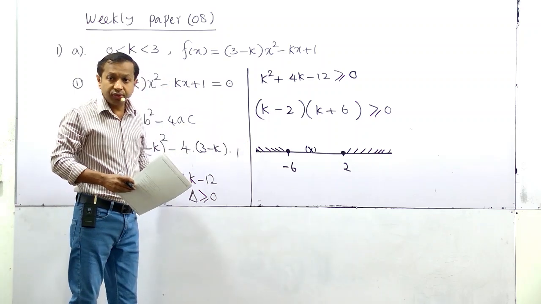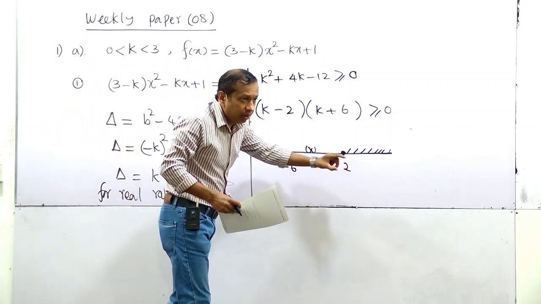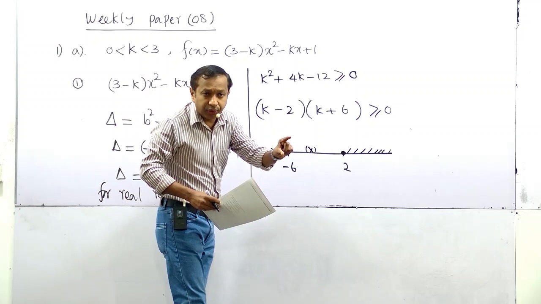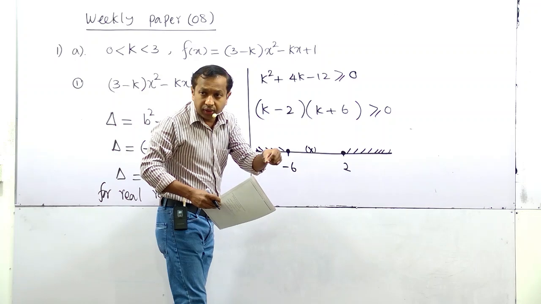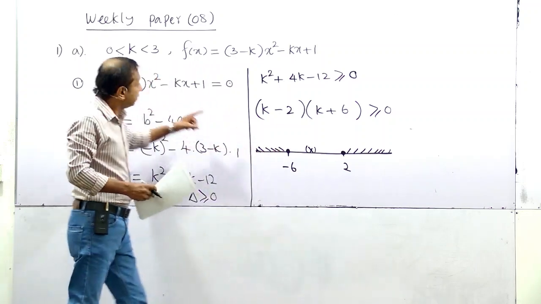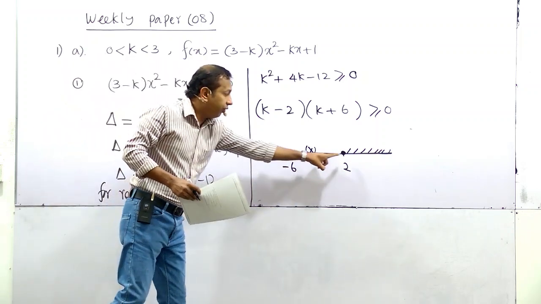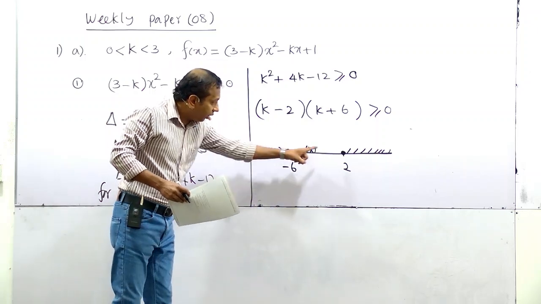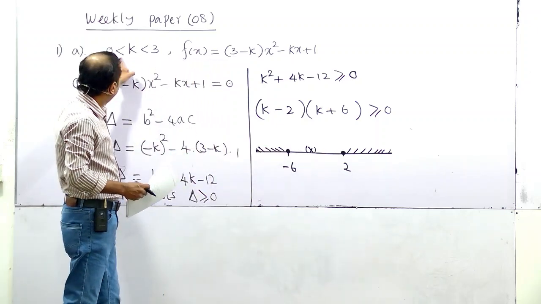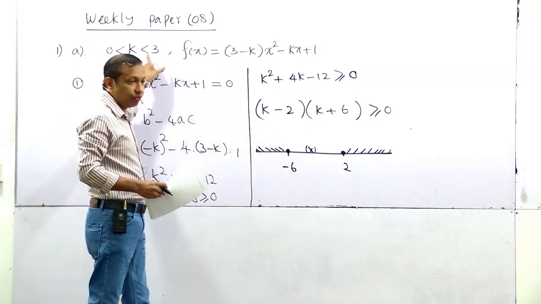So though this is the range of k where delta is greater than or equal to 0, in other words the roots are real, since k lies in this interval, we can't select all this range for k. Of this range of k, we have to select the part that is common.